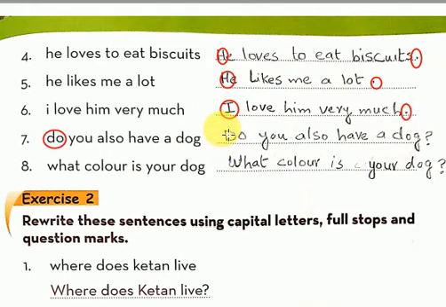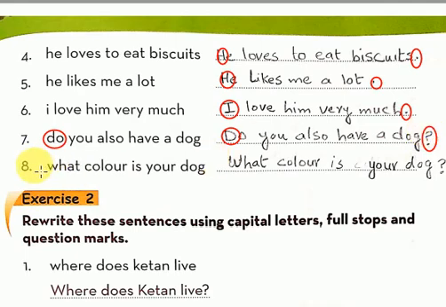So the first letter of the first word of the sentence, D, should be capital. Do you also have a dog? And then you have to put a question mark at the end, so it will become a question.